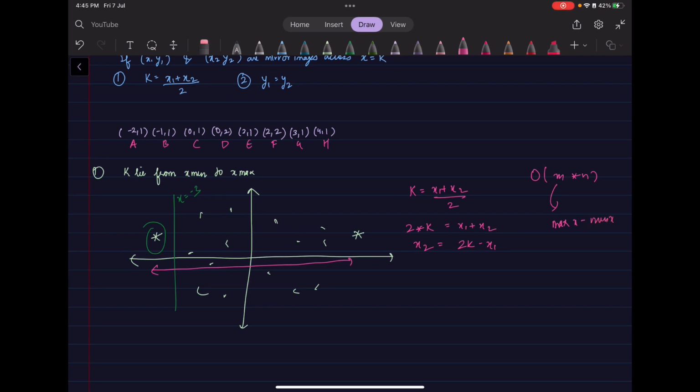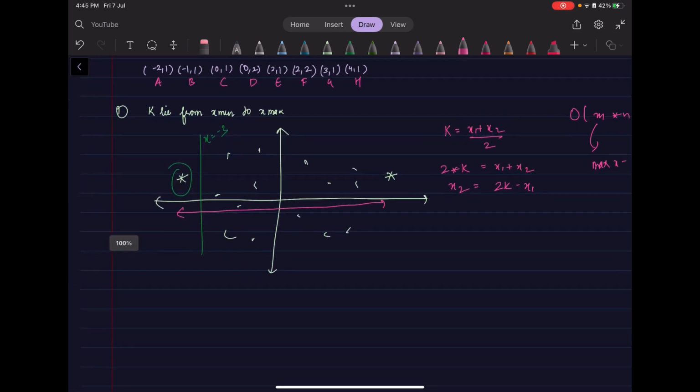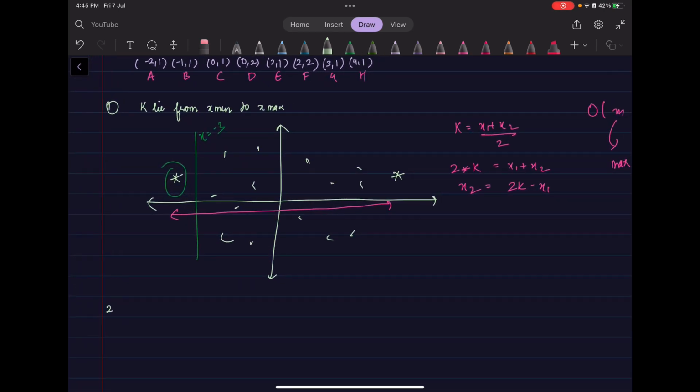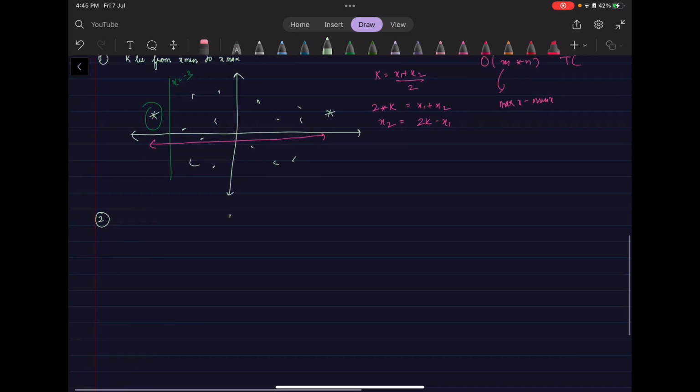So for every possible value of k, I'm going to check, for every point given to us, whether it is possible to find a mirror image or not. So hence this complexity. Now there is a little more optimized solution to it, if you saw it clearly.